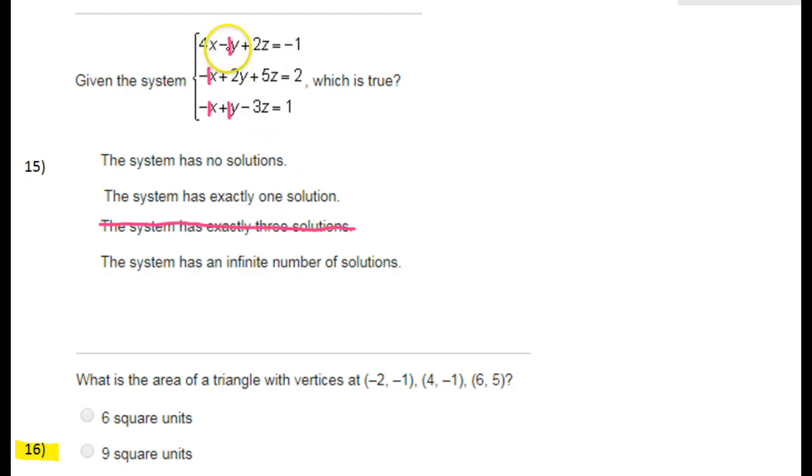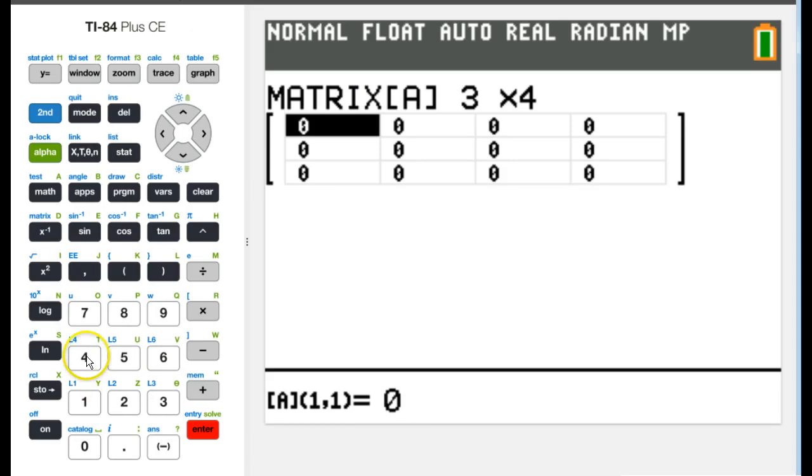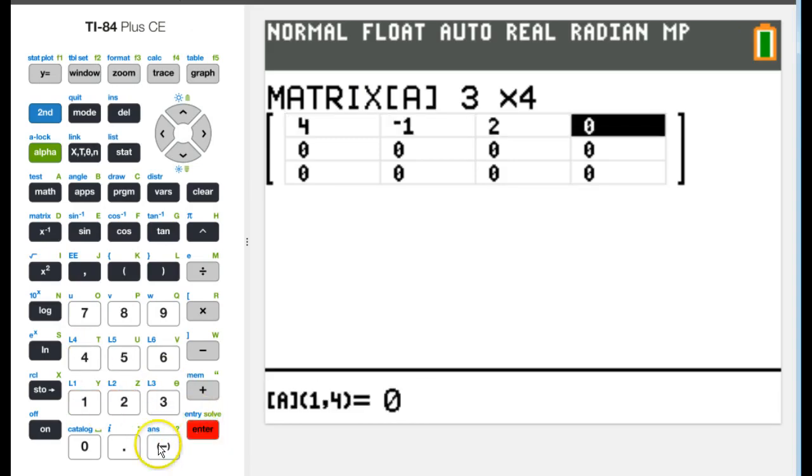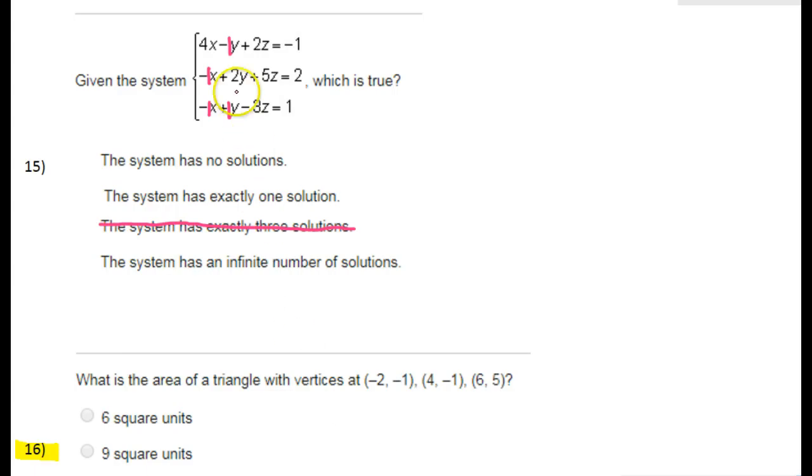So we have 4, -1, 2, -1. And then we have -1, 2, 5, 2.